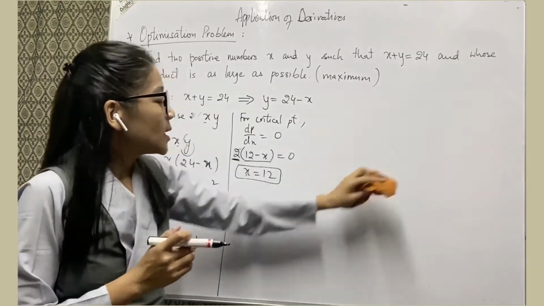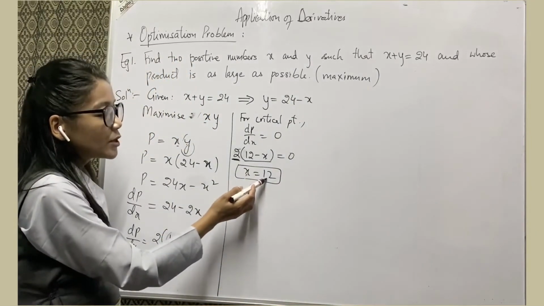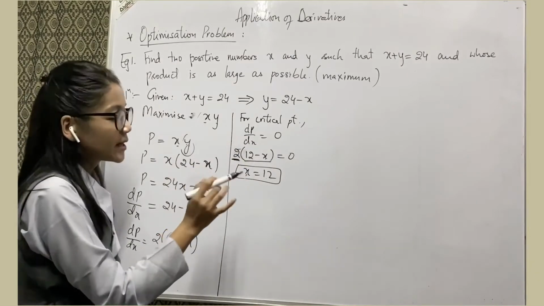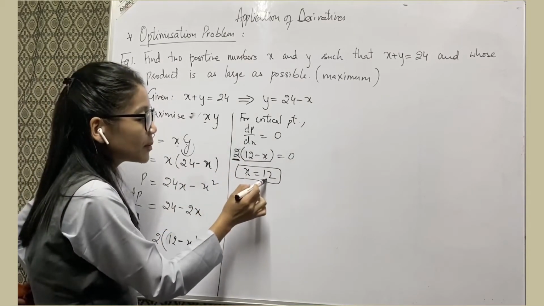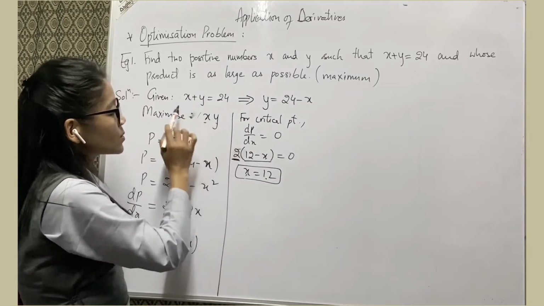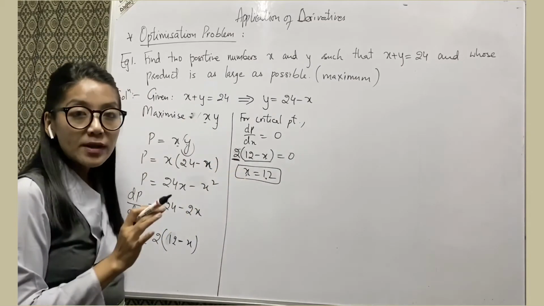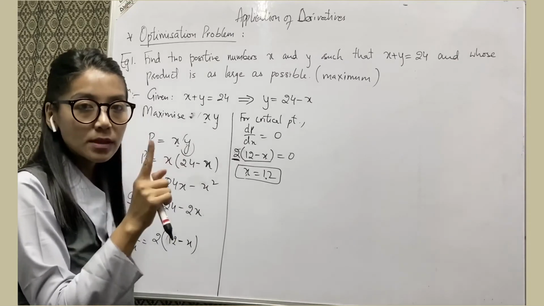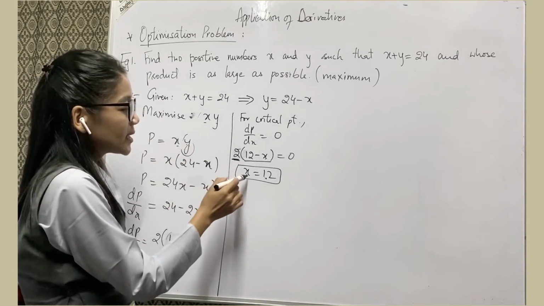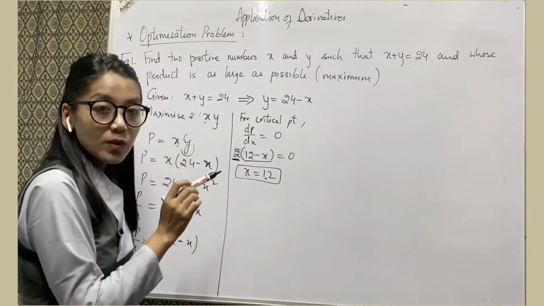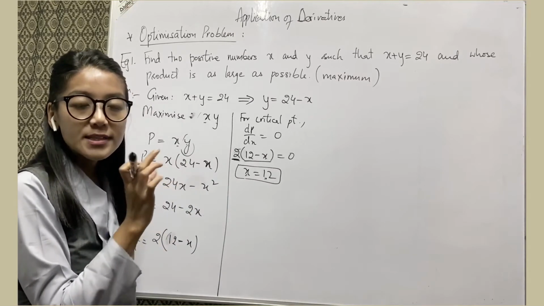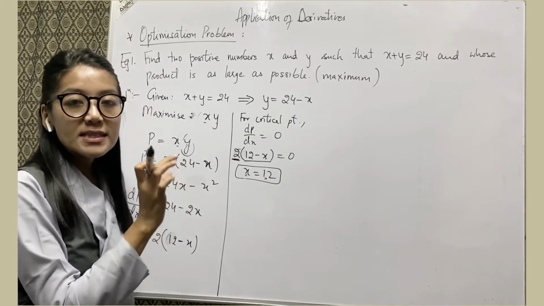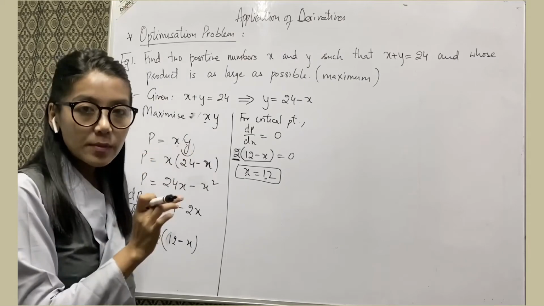So now, you should be this much clear: when one of the numbers, out of x and y, is 12, we are not talking about the other number, we are just talking about one number, okay? So we are saying that when x is equal to 12, the product is either maximum or minimum, okay?